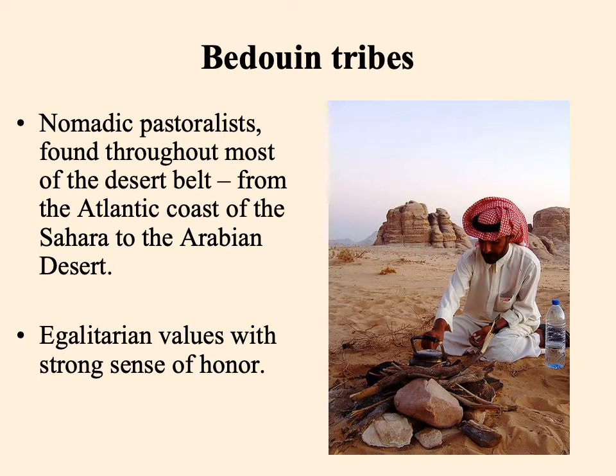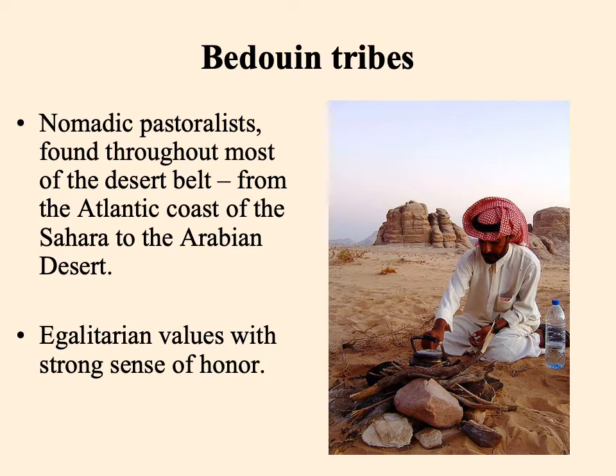We should probably describe a bit what Bedouin life was like. Very often it was organized around a tribal structure, with tribes breaking down into smaller groups known as clans. You don't really have much in terms of a political hierarchy. You might have some sheikhs who have some measure of authority.